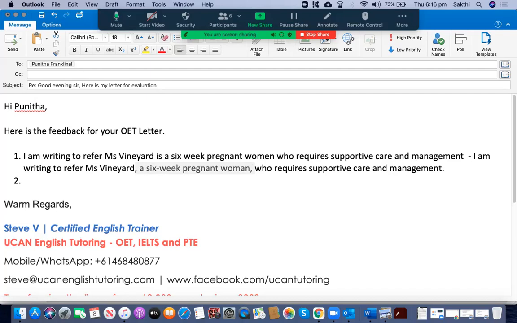So here you can write a 6-week pregnant woman, a 31-year-old male, or a 1-month pregnant woman. So you are giving the definition between 2 commas. This is a complex sentence actually. All right, good.